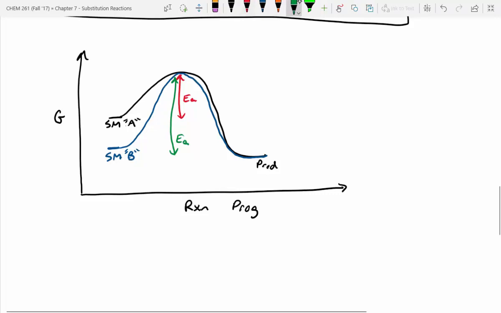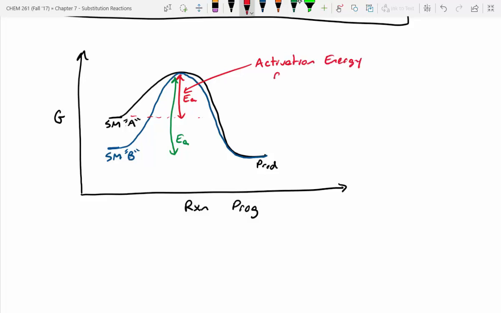So let's make a note of this. That activation energy for reaction A is lower, which increases the rate, since the starting materials are less stable.